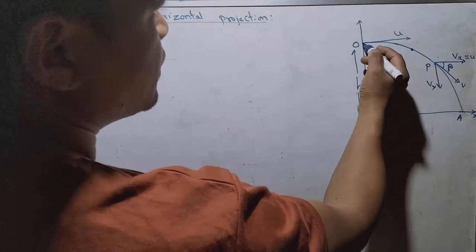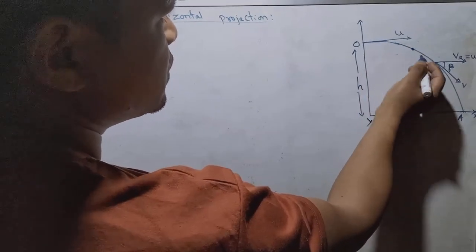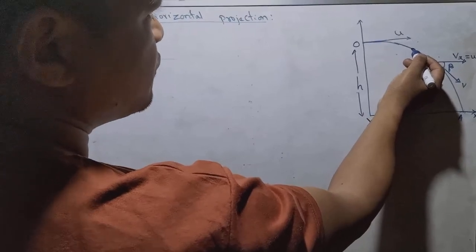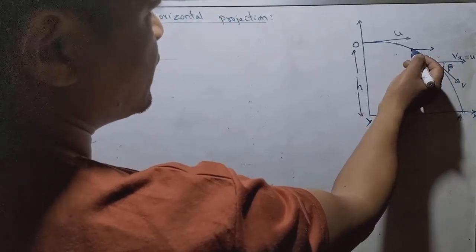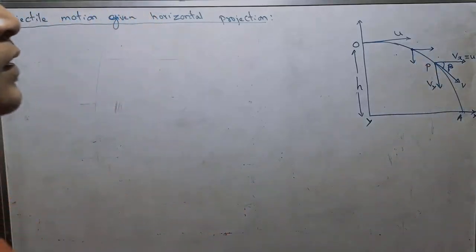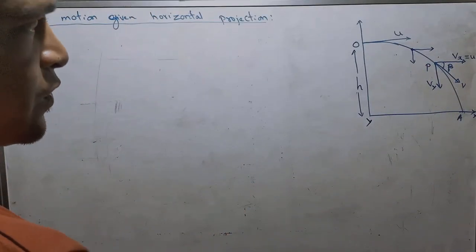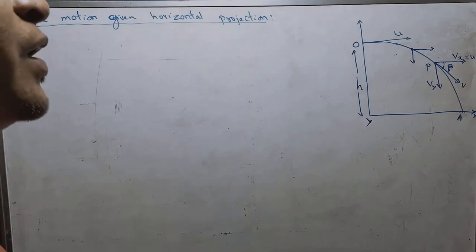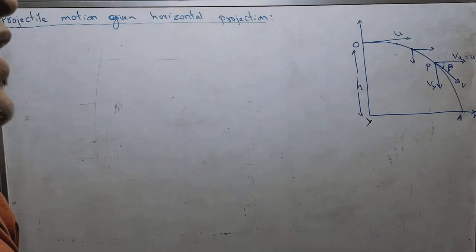At any point along the path of the motion, we always have these two types of motion. So this body is moving in the xy plane, or in simple words, the body is moving in a plane.